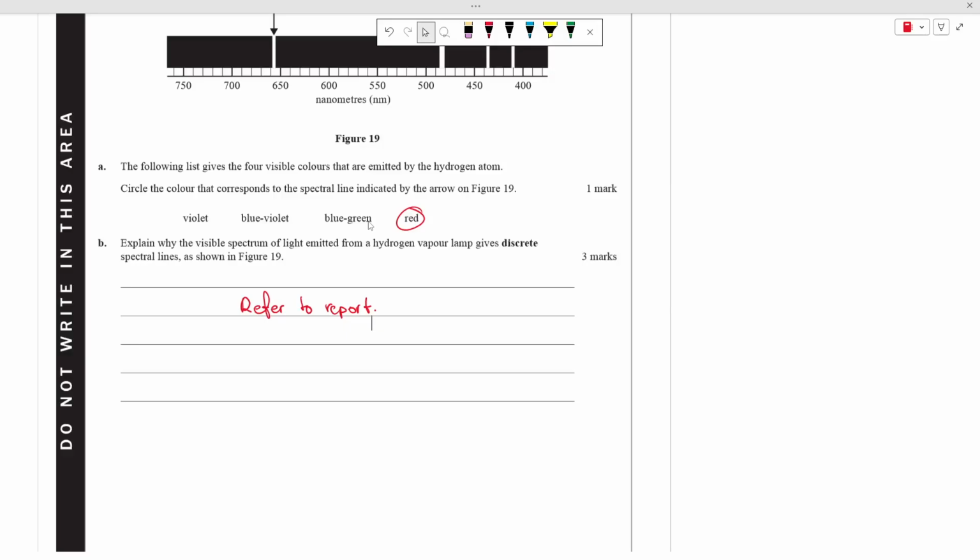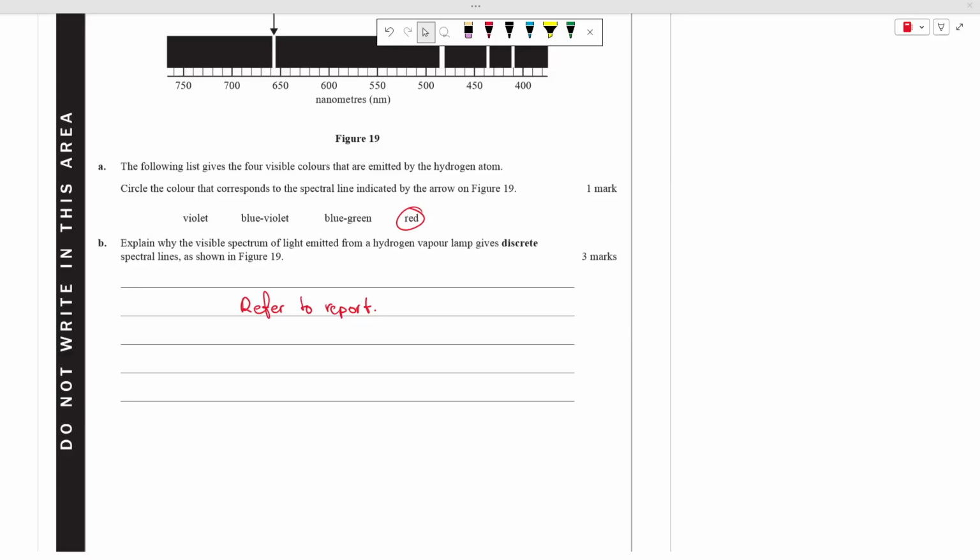If it doesn't have that condition, it's just going to destructively interfere and cease to exist. So it's not an allowable energy level. That's why we have discrete energy levels rather than a continuous range of energy levels.